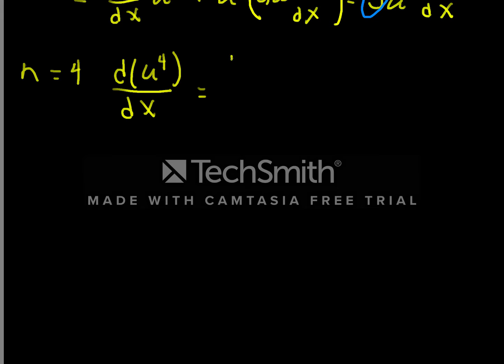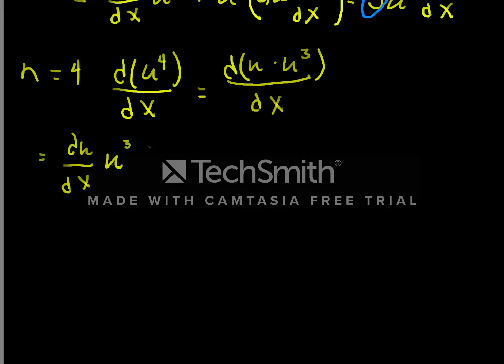I'll write it this way: d of u times u cubed, dx, which is equal to the differential of u dx times u cubed plus u times the differential of u cubed dx.